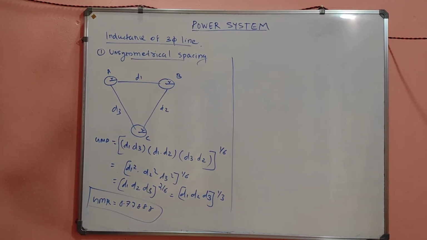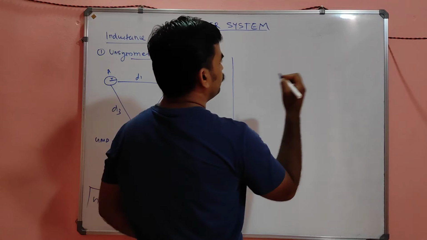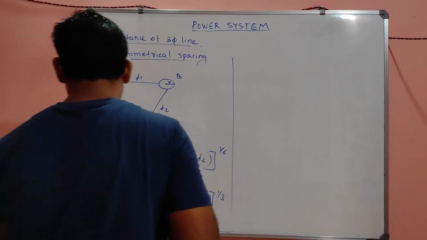And another type of unsymmetrical spacing, right angled unsymmetrical spacing, my dear.